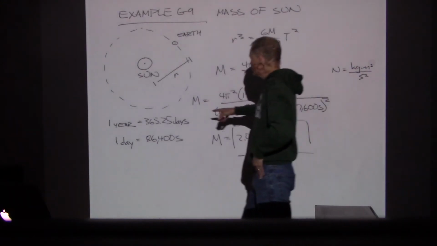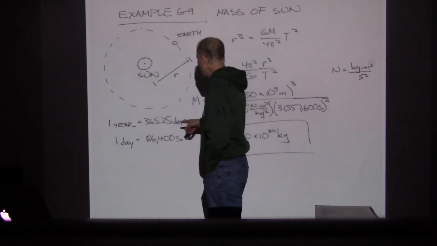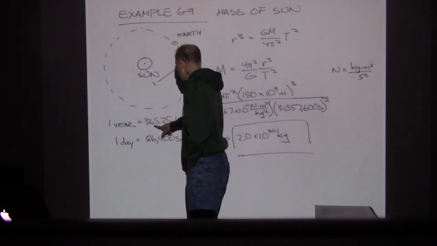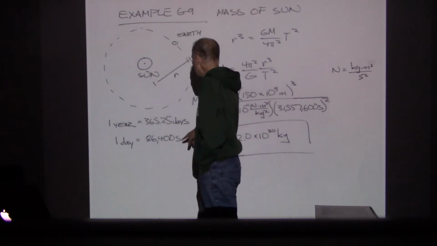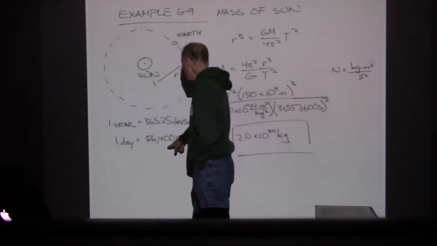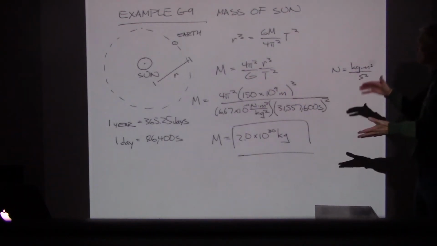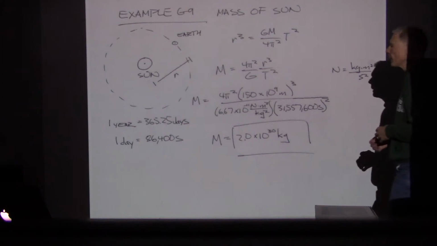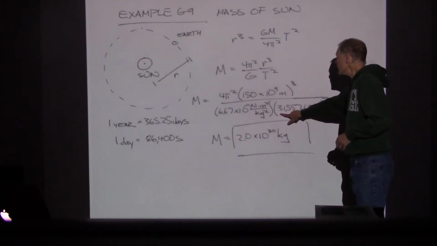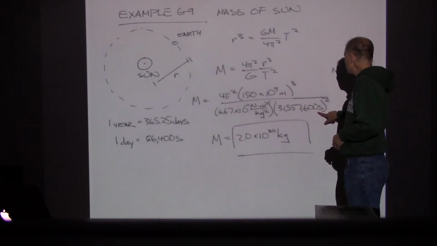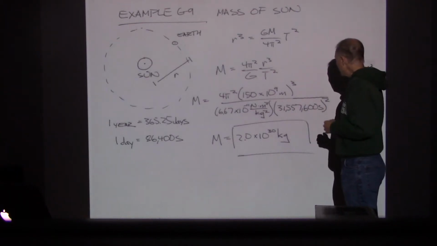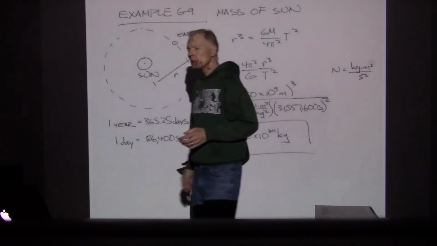Now here, I did a little better job. I did 1 year as 365.25 days, and then each day, 86,400 seconds. Now that's just how we keep track of time. So I can take those two numbers, multiply them by each other, and say a year is 31,557,600 seconds, roughly.